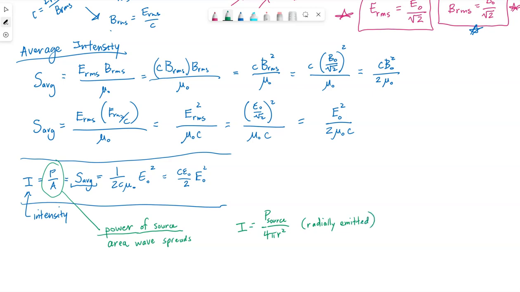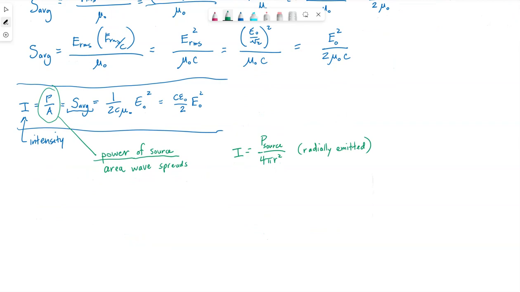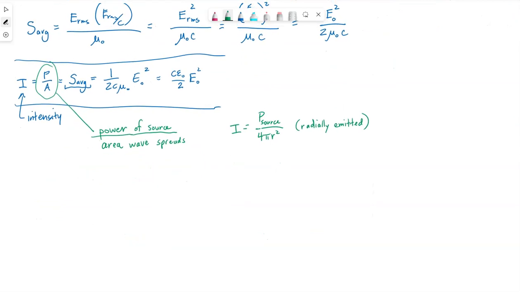That would be like a light bulb. A light bulb, if I plug a light bulb into my lamp, the light is emitted in all directions. Now, granted, a little bit of the light is blocked by the base, but for all intents and purposes, that's what we would mean by radially emitted.